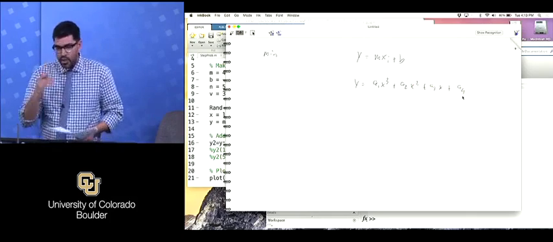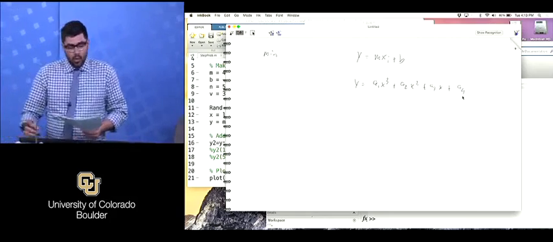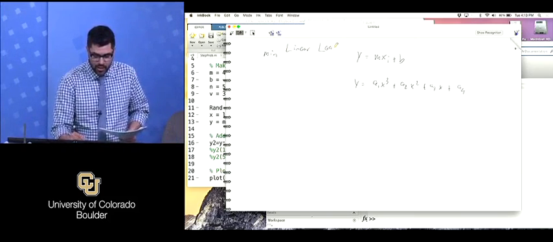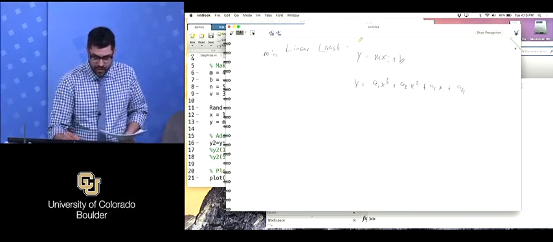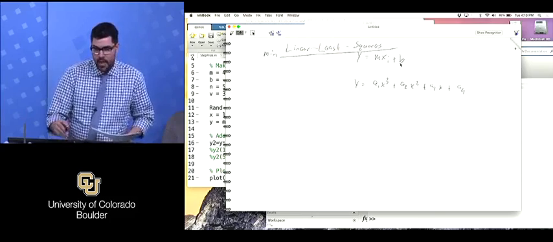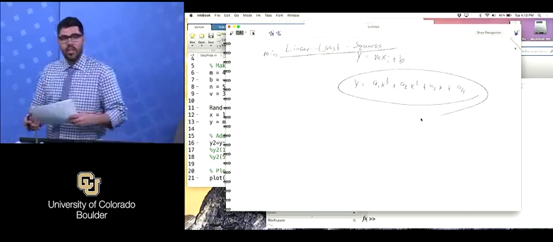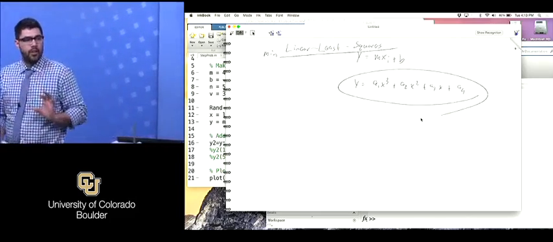Actually, what we've been doing is linear least squares. I've been writing least squares, but this is actually linear least squares. And this is also linear least squares. They're both linear least squares.